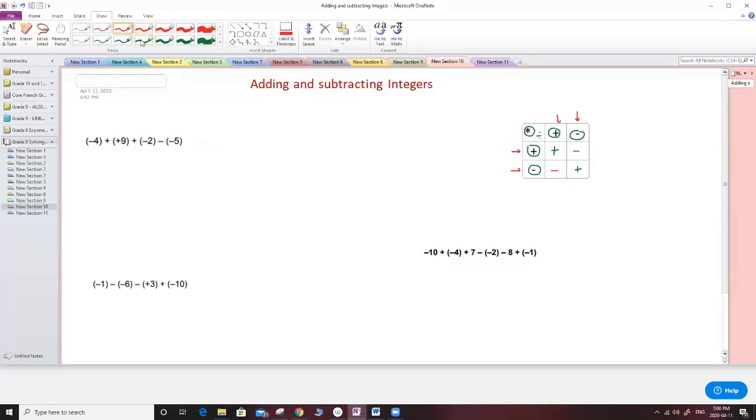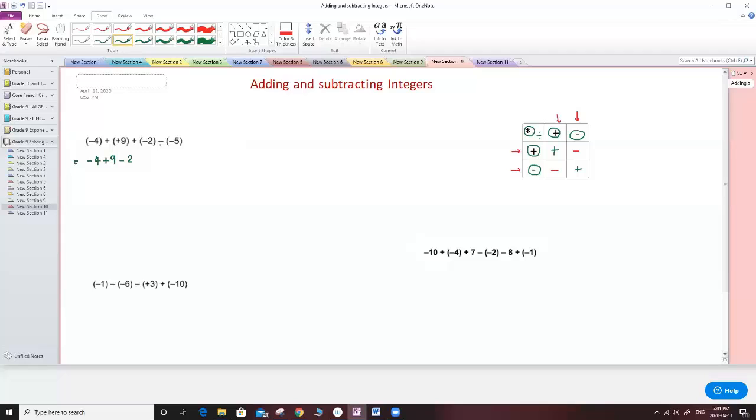So I'm going to say this one equals, I have only one sign, so negative 4. Positive times positive, since we said on the table that they have the same sign, the product will be positive 9. After that, positive and negative, since they have different signs, the product is going to be negative 2.